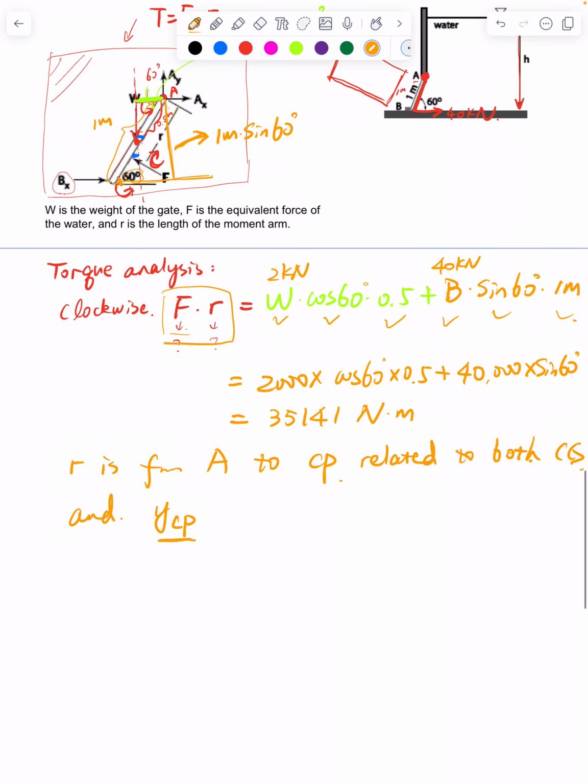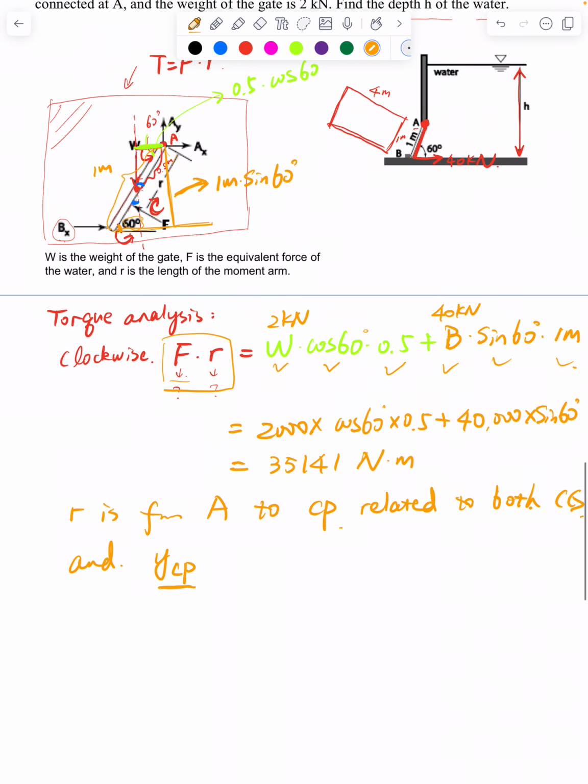So YCP is related to the rectangle we show here, and for a rectangle, its centroid is at the middle, right? We said the y-axis should always be parallel to the gate or board and pointing upward. So here it should be some direction like this.